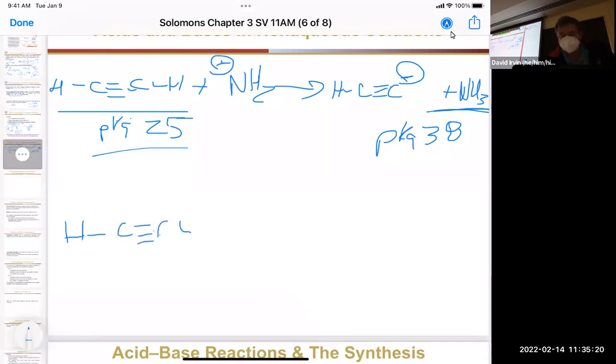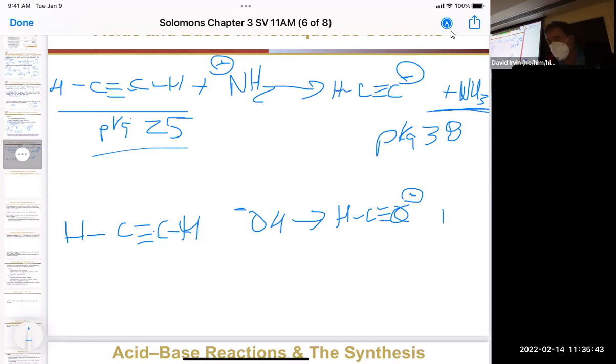Okay. What if we did this with hydroxide instead? If we draw the equation here, we have the carbanion with a negative charge. And what would the conjugate acid of hydroxide be? We're going to transfer a proton, so it's going to turn into water, right?